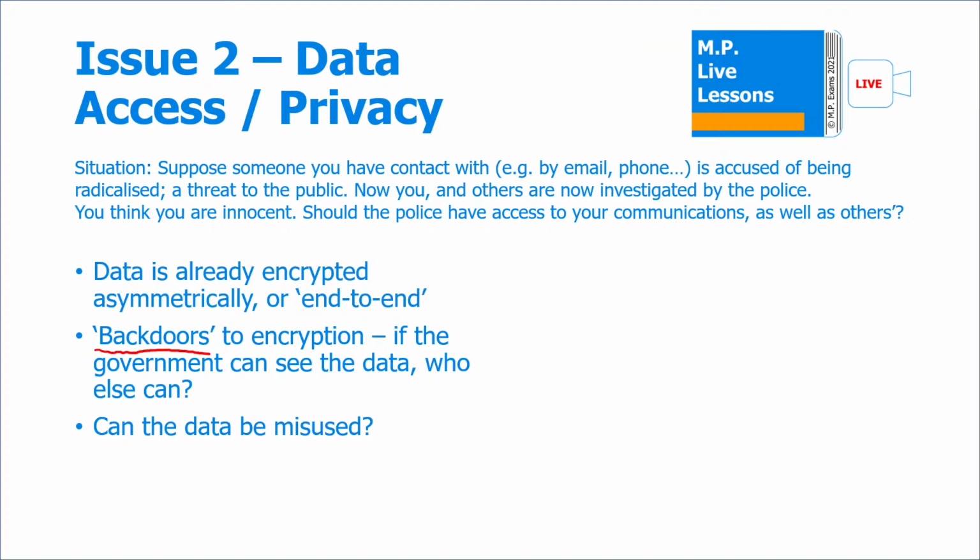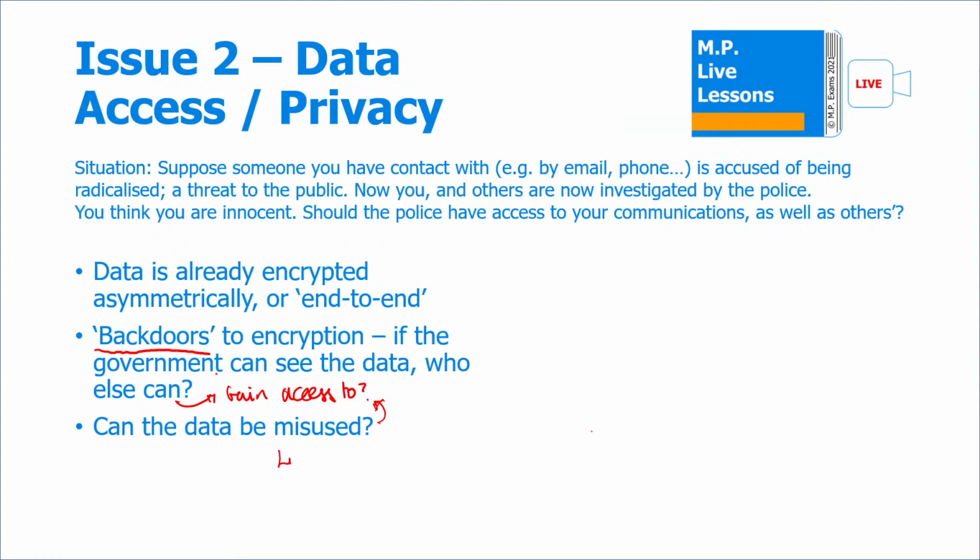So these are secret ways organizations like the government or police can access encrypted data. But the problem is if the government can see the data, who else can or even gain access to? You could argue the data can be misused as well.